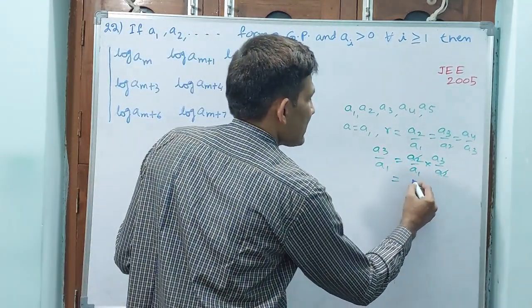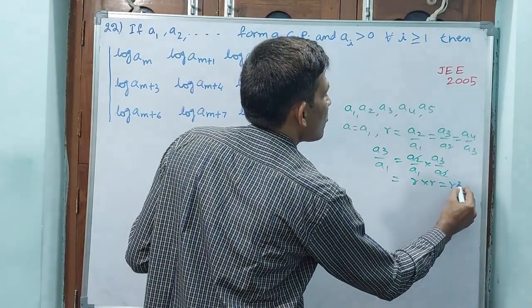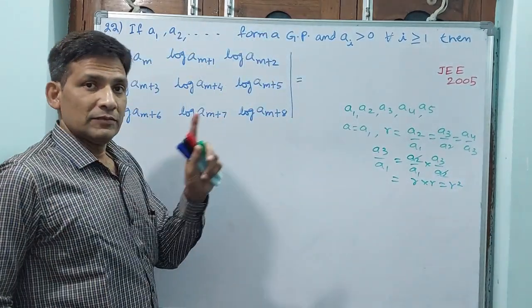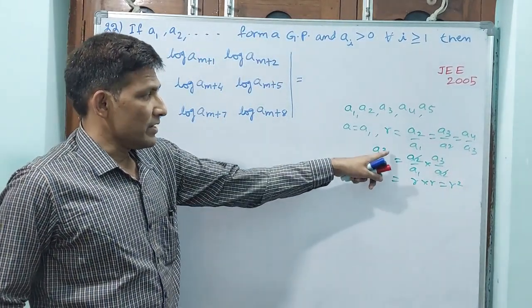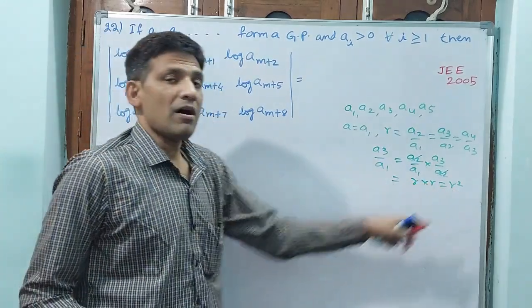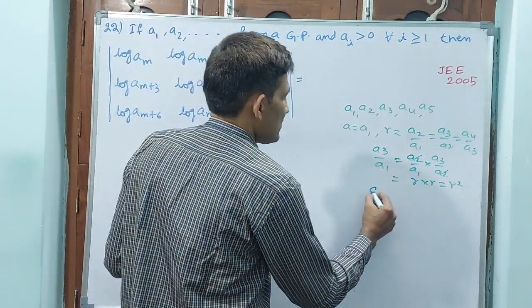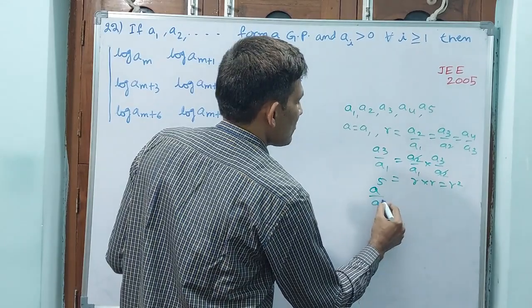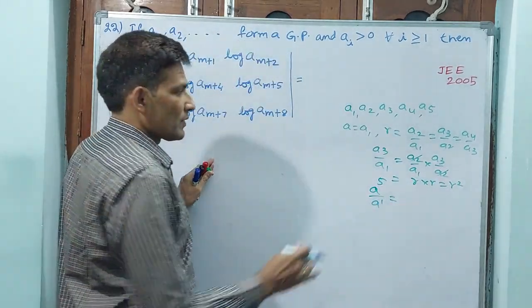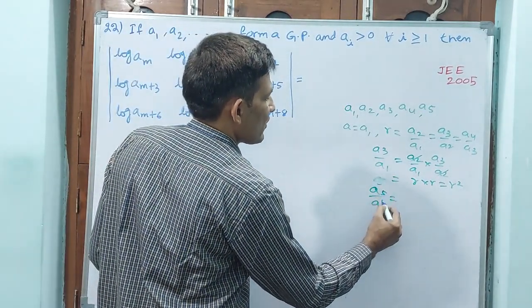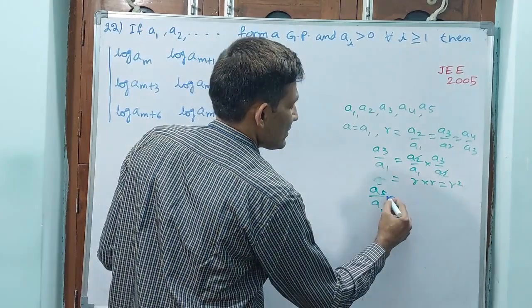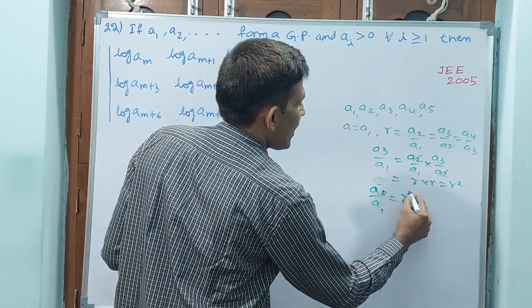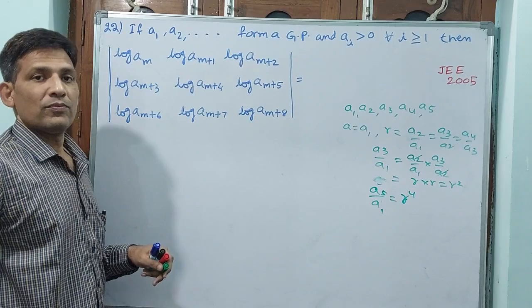That means R into R, that is equal to R square. That is the logic here: 3 minus 1, R to the power of that. Similarly, A5 by A1 means 5 minus 1, 4, so R to the power of 4.